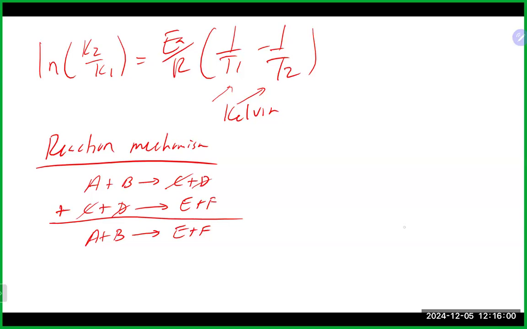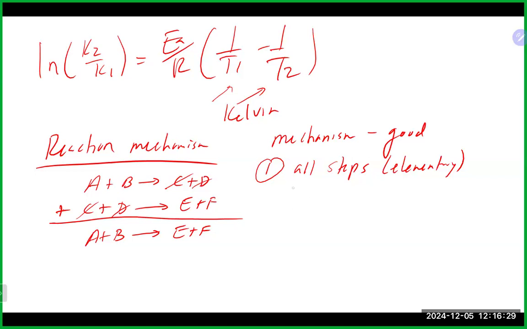When we look at mechanisms, these are plausible ways that a reaction could take place. It's not necessarily always the way it happens, but it's a possible way that a reaction can happen. Remember that in order for a mechanism to be good, you basically need 2 things to happen. You need to make sure that all the steps are elementary steps that add up to the overall reaction.